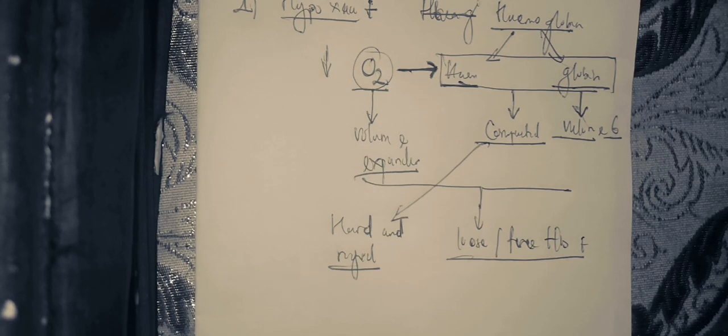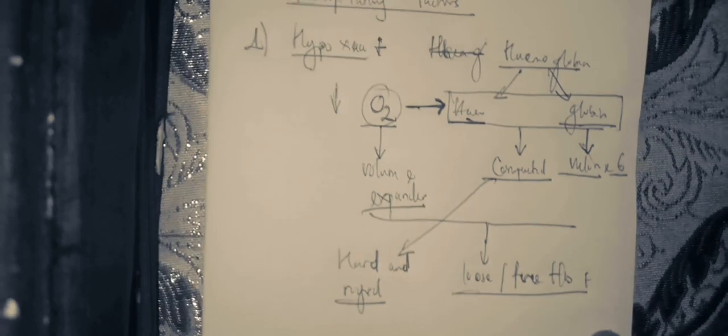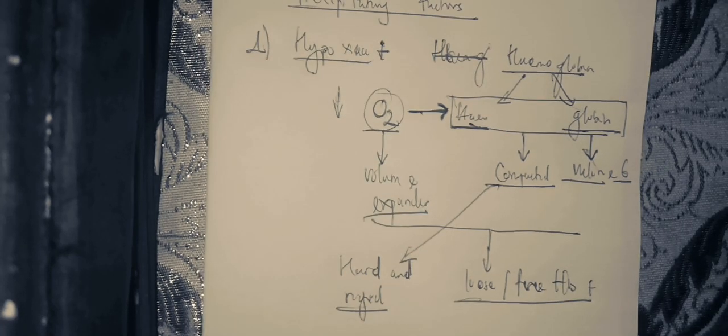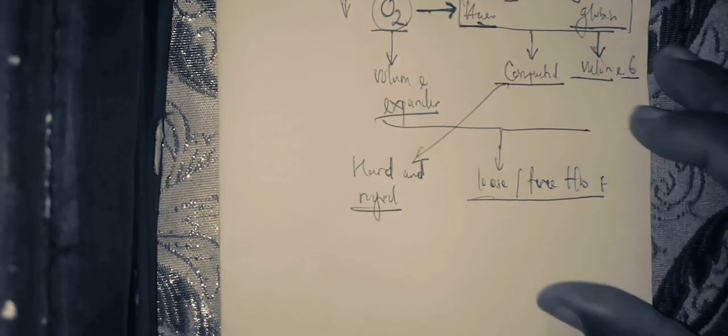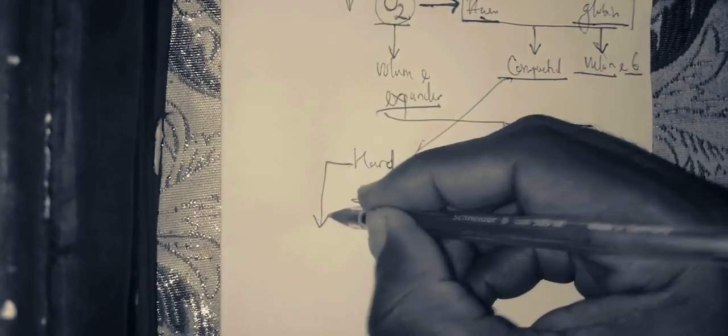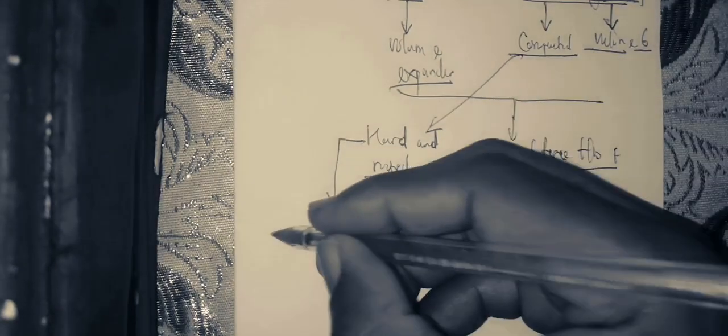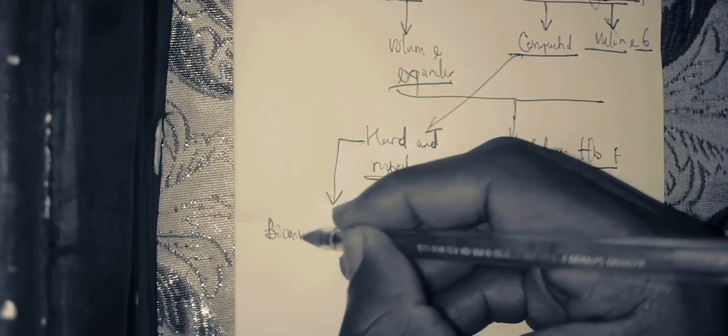So that's why in the case of hypoxemia, the cells are going to become very rigid and lose their motility. Is it clear? And this is the cause why the cells change from their normal biconcave shape.